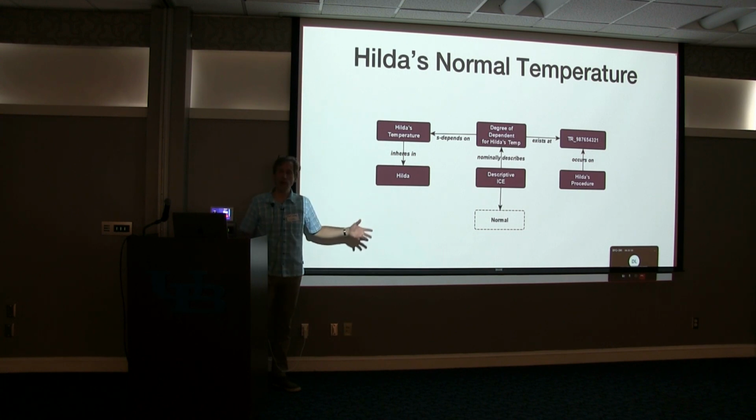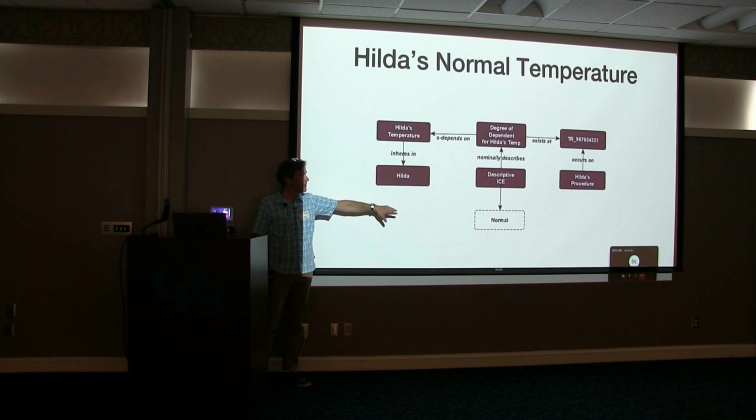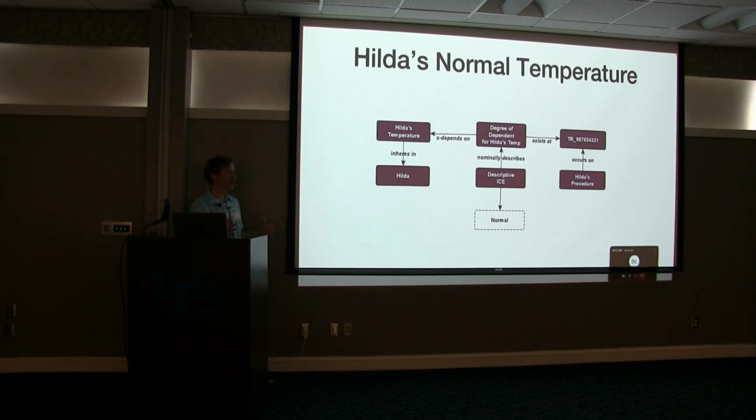Now, what's normal? Well, there's some other bits to this graph. Normal is prescribed by some directive, by some standard. What does it mean to be within a normal temperature range? Could be specific to an organization, the AMA, the WHO, it doesn't matter. We have ways of representing that. We can deal with thresholds and ranges.